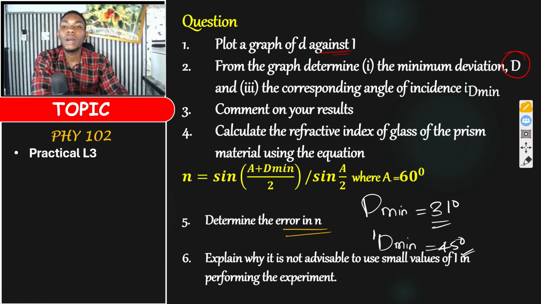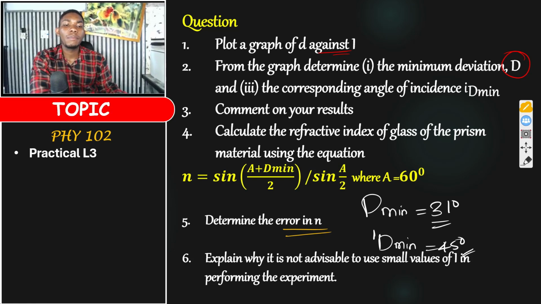All right. Now, the other question you have here says, explain why it is not advisable to use small values of I in performing the experiment. There are so many factors why you should not use small values of I. One of the critical factors is to avoid total internal reflection. Is that okay? Total internal reflection.